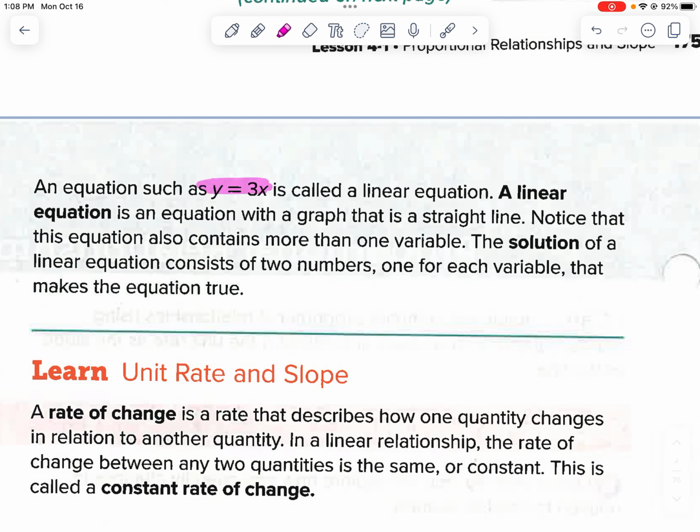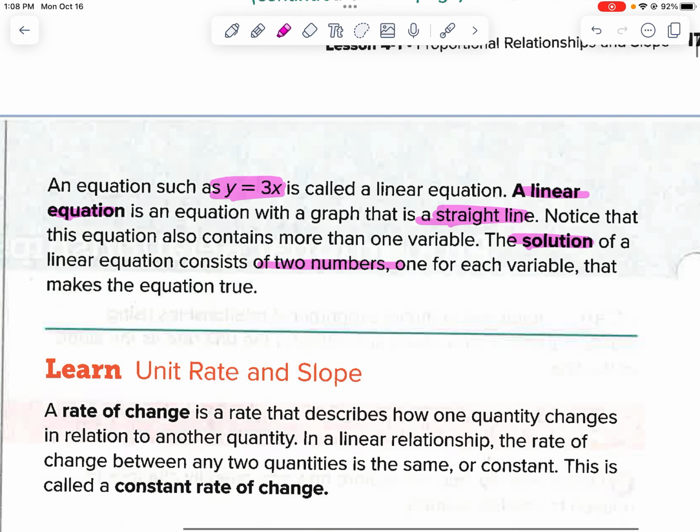This equation right here is a linear equation. Okay, that means it is a straight line. The solutions of a linear equation consist of 2 numbers. The x goes first, the y goes second, and it makes the equation true.